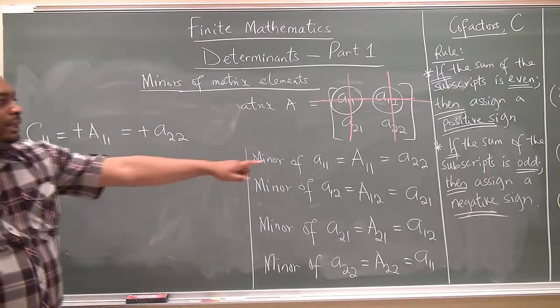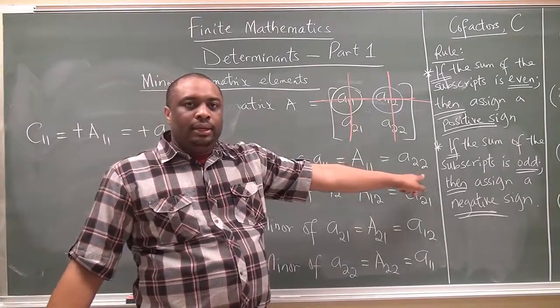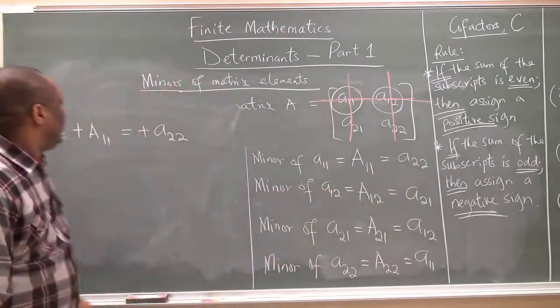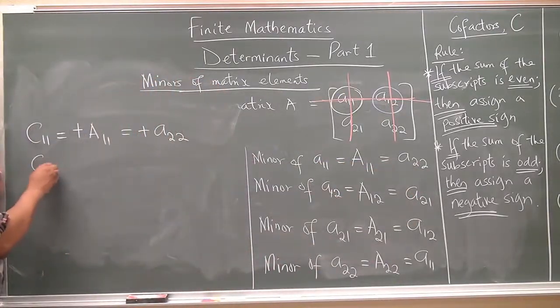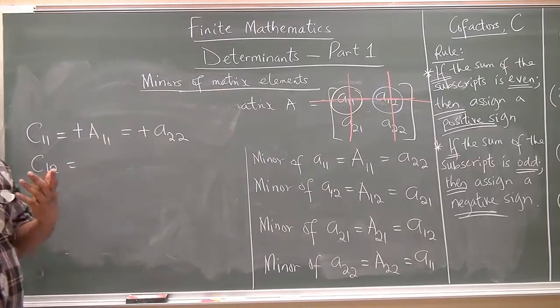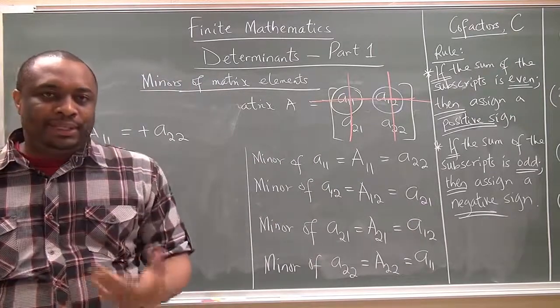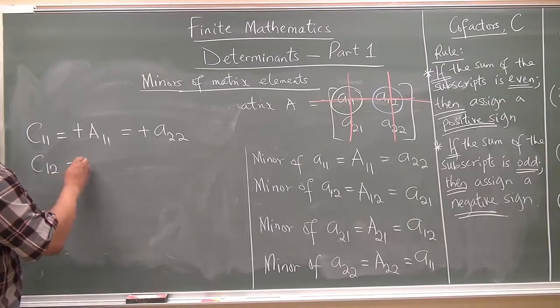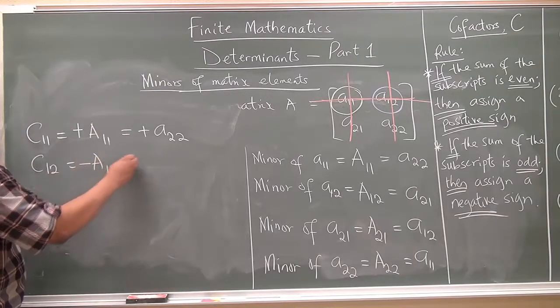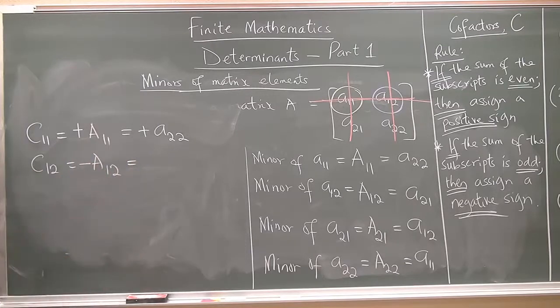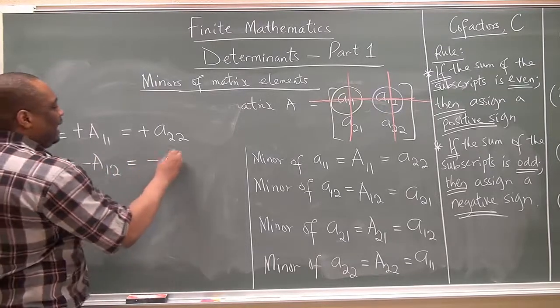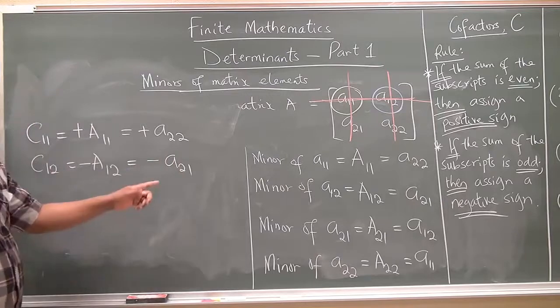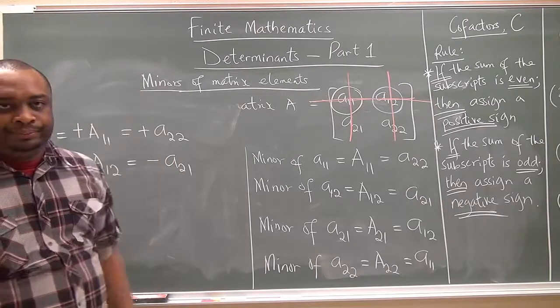Remember, A11 is element A22. Then C12, 1 plus 2 is odd. 1 plus 2 is 3, which is an odd number. So it's going to be negative A12, and that will give you negative A21.